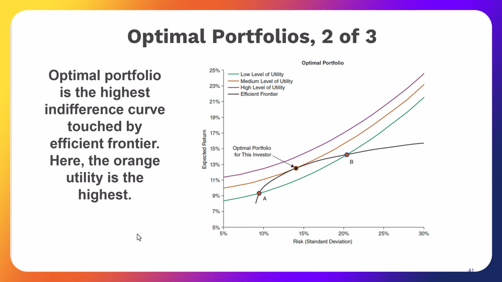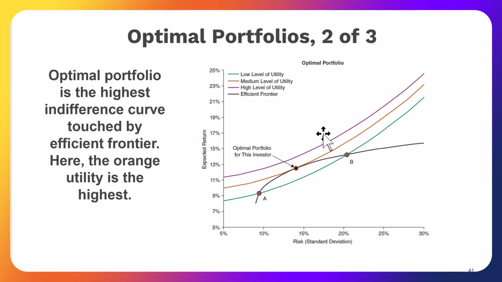So let's see how this might work. Here's the efficient frontier, this dark line right here. This green line here indicates a low level of utility. As we move up, we're getting to higher and higher levels. Now let's think about this purple line out here.